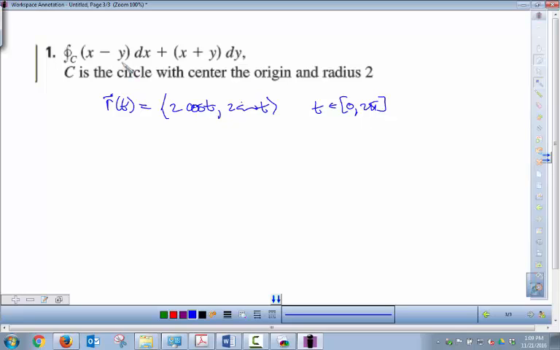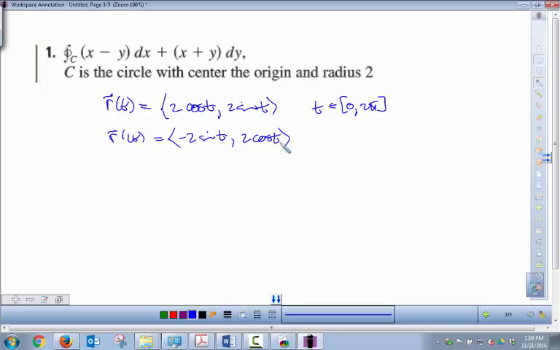So the other thing we need is to find the derivative. Our derivative of cosine is negative sine, and derivative of sine is positive cosine, and the two constants are still there.